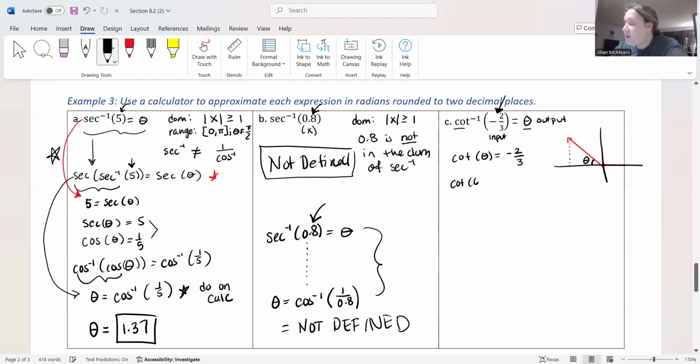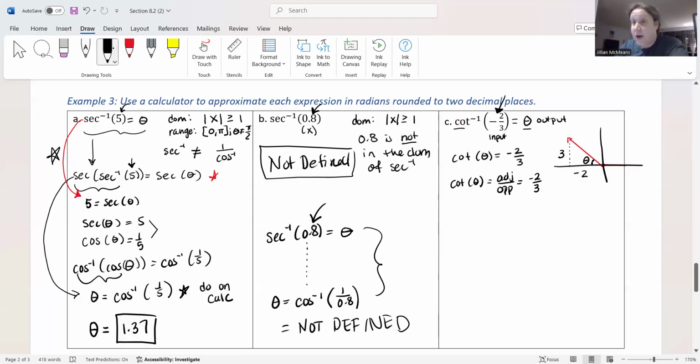As far as ratios go, cotangent has to be the reciprocal of tangent, okay? Tangent we know is opposite over adjacent. So that means cotangent is adjacent over opposite. And we know that cotangent is also -2/3. So the side adjacent to theta needs to have a length of -2, and the side opposite of theta needs to have a length of 3.